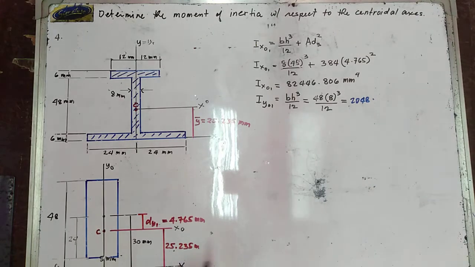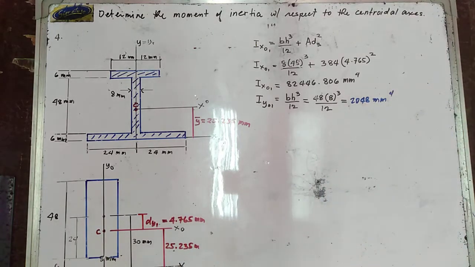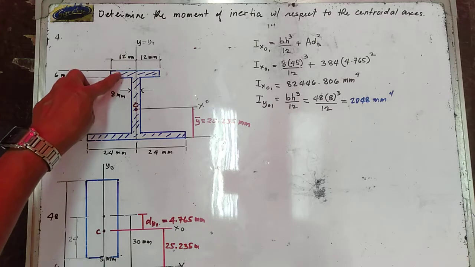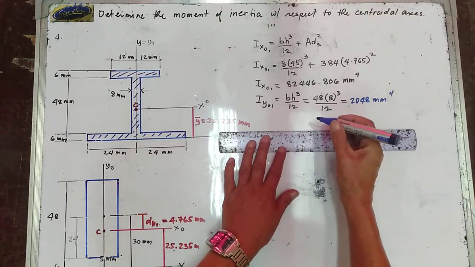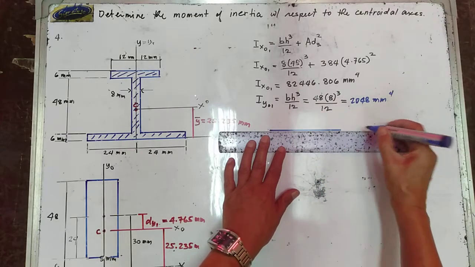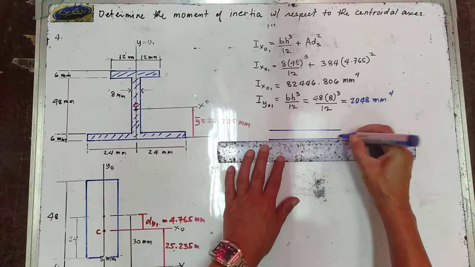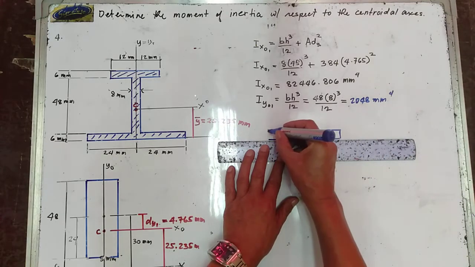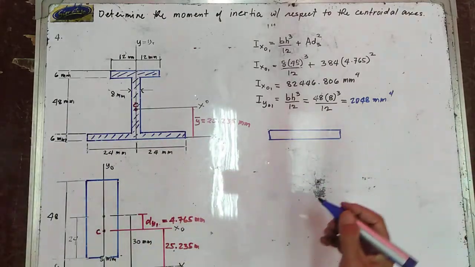That is 2048 millimeter raised to the fourth. Now, let us proceed now to the second area. And that one is now the second area.